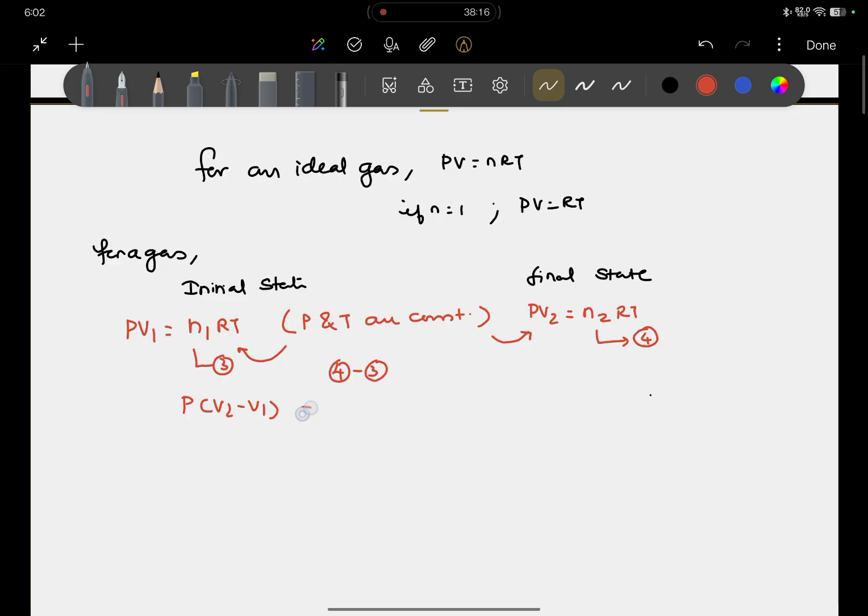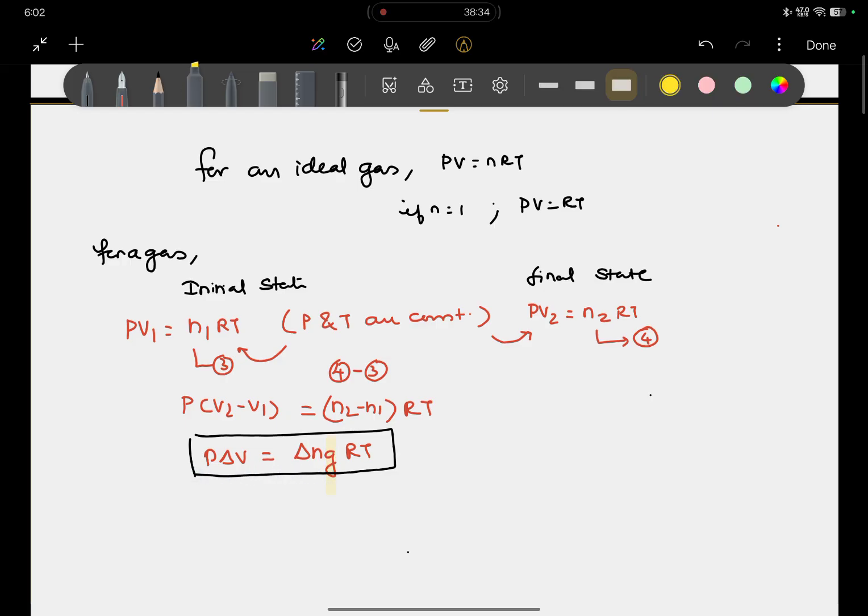So P(V2 minus V1) is equal to (n2 minus n1), take the RT in common. So P delta V is equal to delta n_g RT. What does this g denote? The g denotes the equation is for gas. So it is a gas equation.